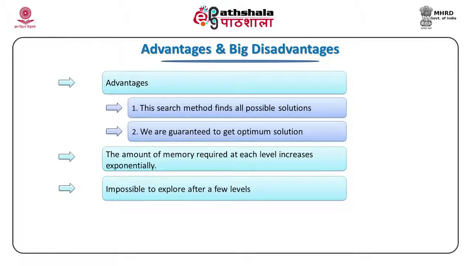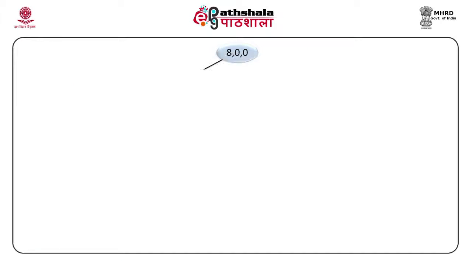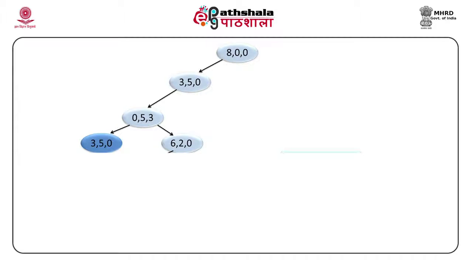Now let us look at the next method called depth first search or DFS. We will again start with 800. Now we do not explore all the nodes, we only explore the leftmost. You can see 350 is the next one, 053 is the next one, 350, now that is the dead end. We have already come across 350, we will not explore this further, because if we continue to do that, we will end up moving around in a cycle.